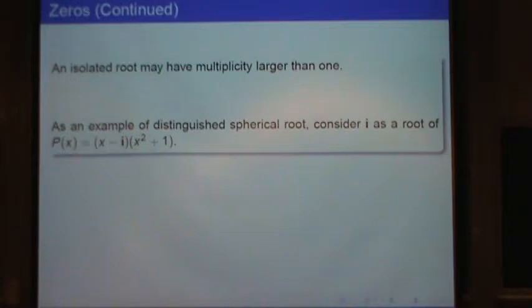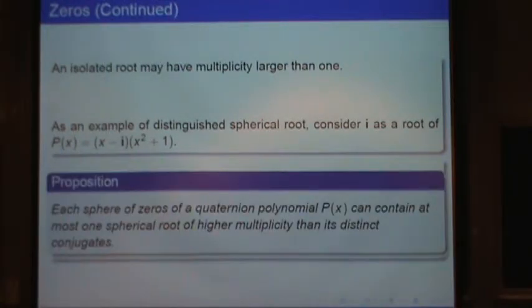As an example of a distinguished root, here you see that i is a root, and the entire sphere is a root because of x squared plus 1, but i is also another root which has multiplicity 2 here, for this polynomial, but no other conjugate has it.